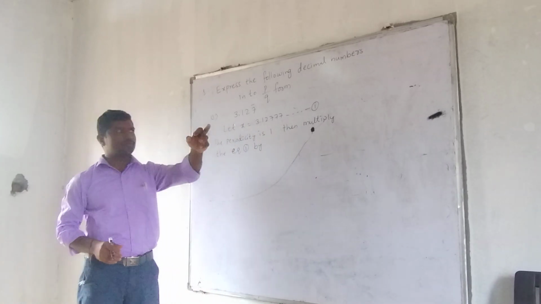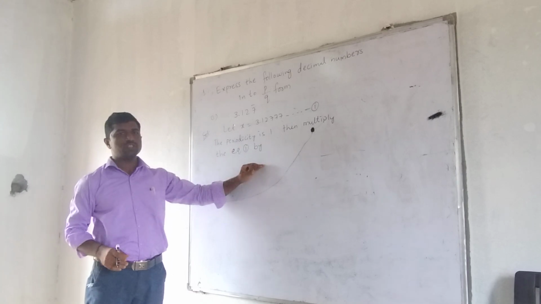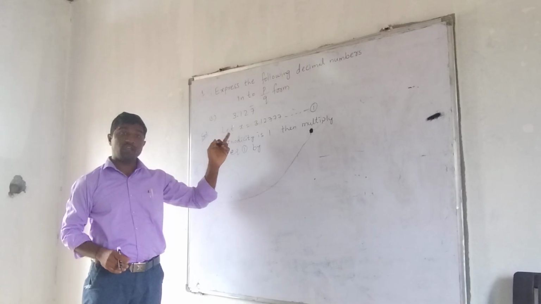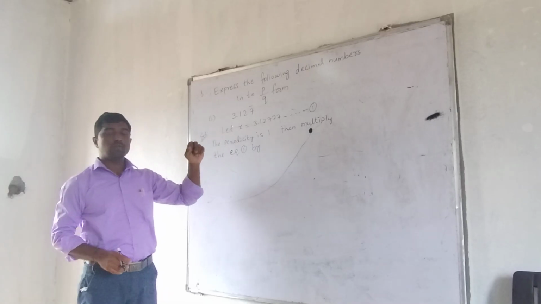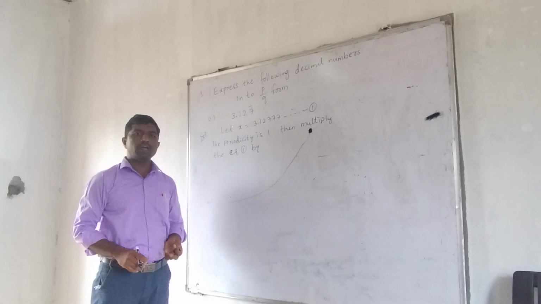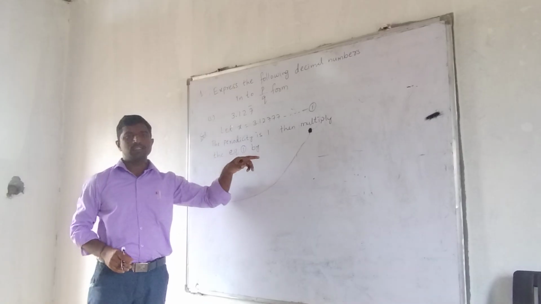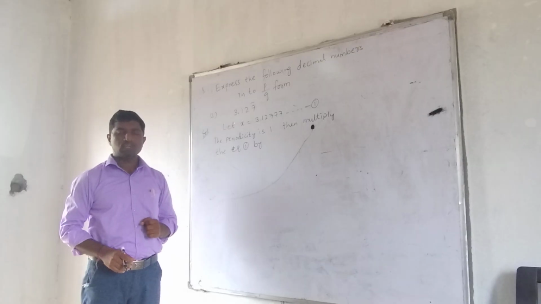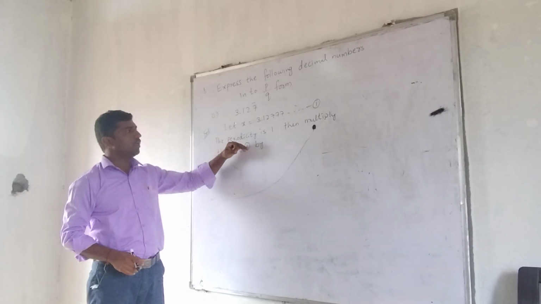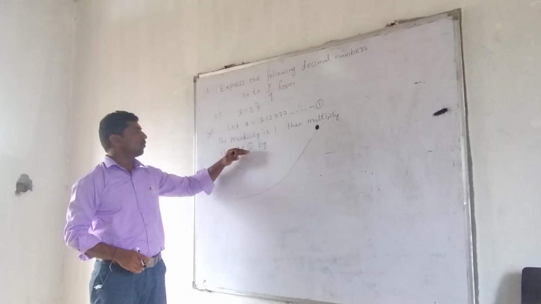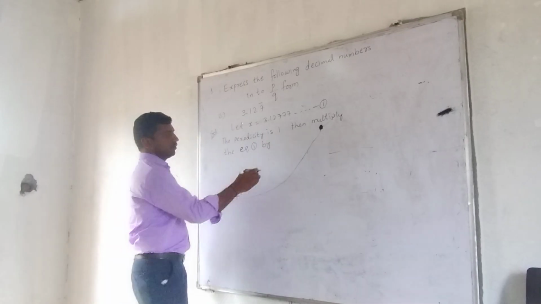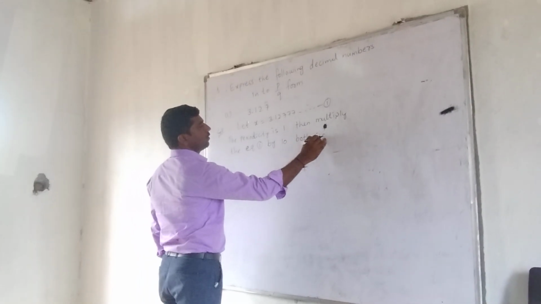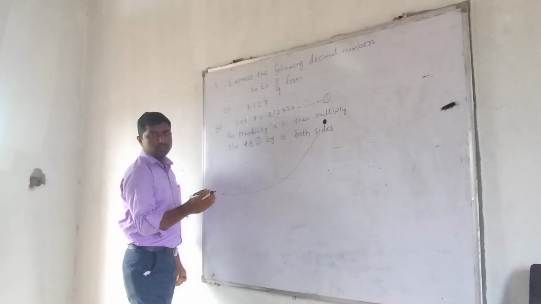The periodicity is 1, then multiply the equation 1 by 10. If the periodicity is 2, then multiply the equation by 100. If the periodicity is 3, then multiply the equation 1 by 1000. So here we have to multiply the equation by 10, both sides. Okay? Both sides.